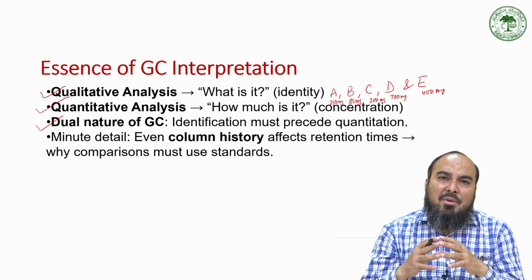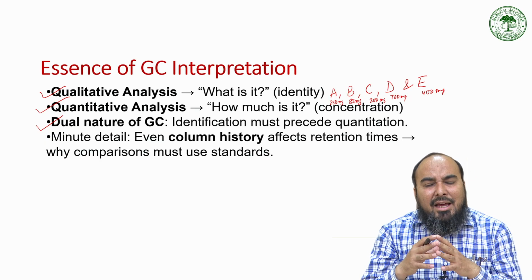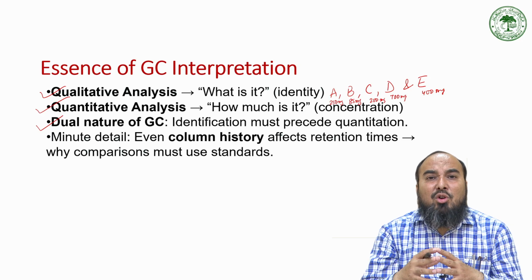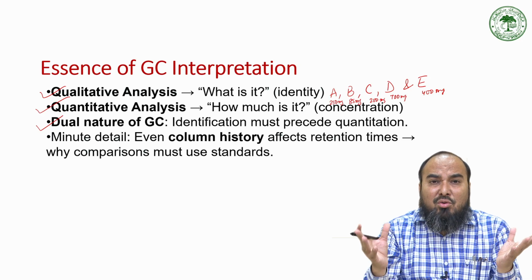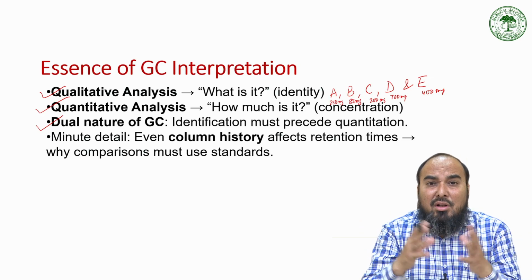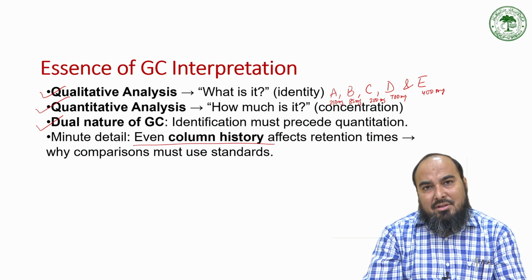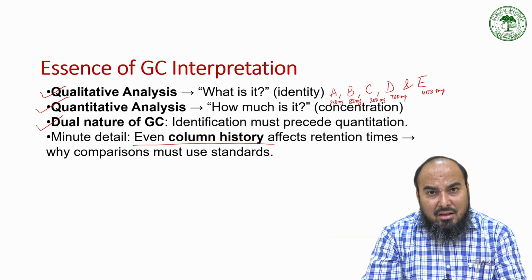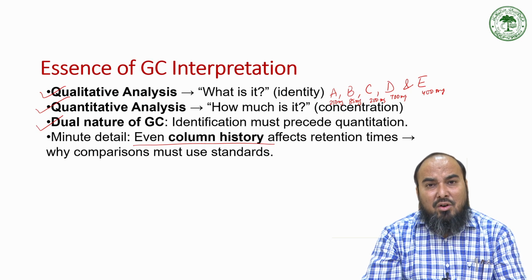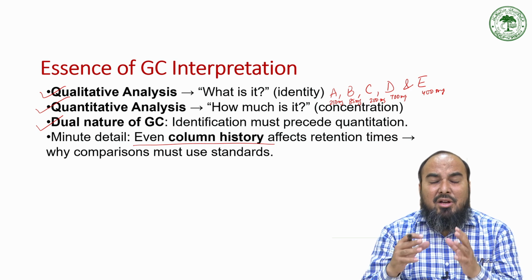Because if there may be some unretained species, then these unretained species are going to affect the whole resolution, the whole separation process. So you have to look at the column history with regard to the different analytes which were resolved earlier, with regard to their boiling points, their polarity, and how much they have actually retained.